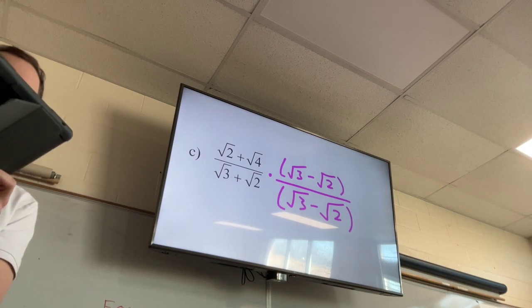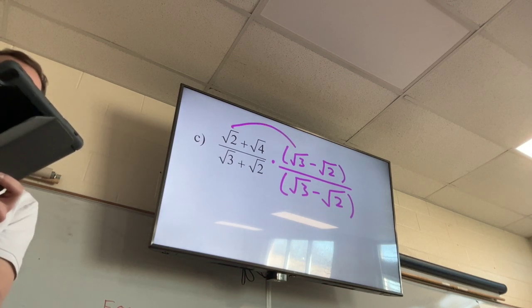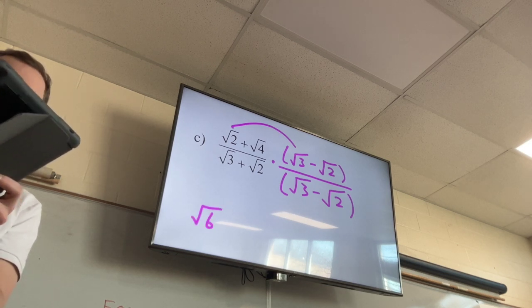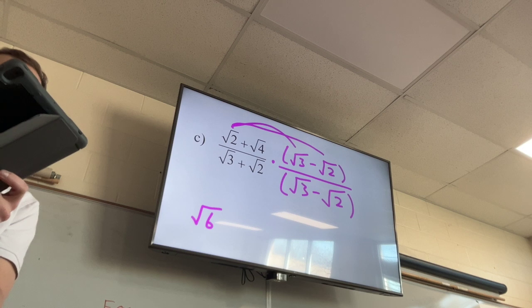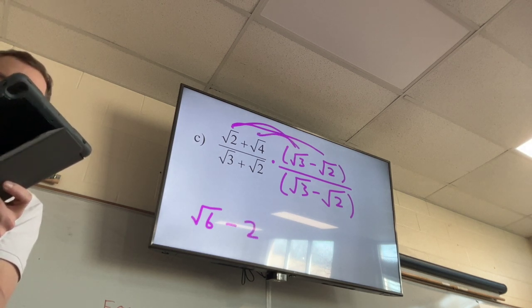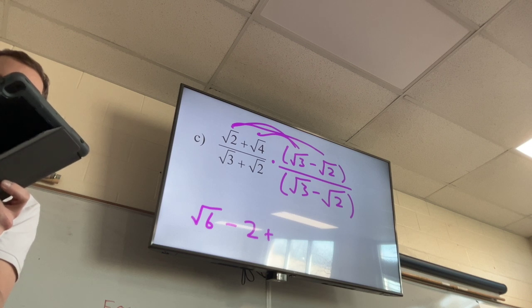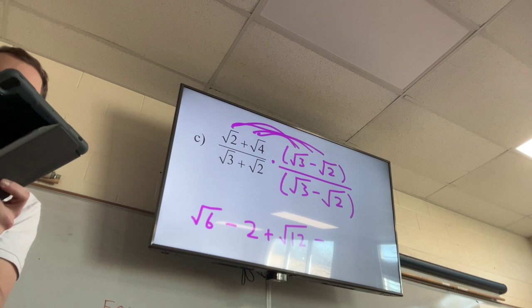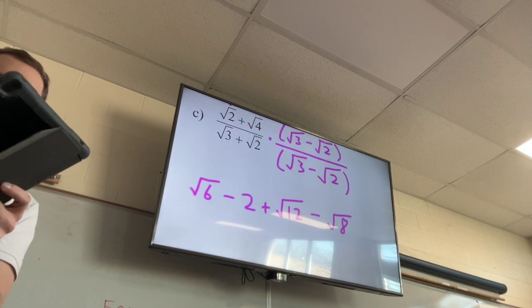Okay, so let's FOIL the top. What's root 2 times root 3? It's going to be root 6. What's root 2 times minus root 2? It's going to be minus 2, plus root 12, minus root 8.